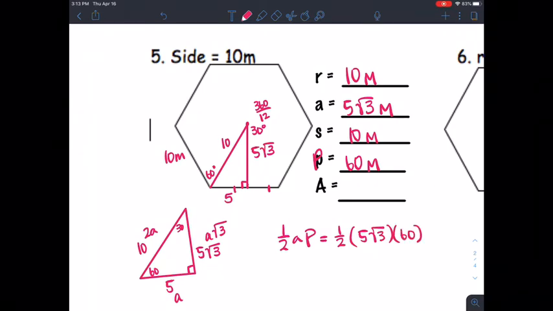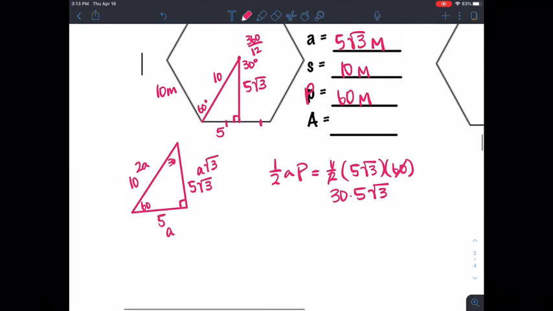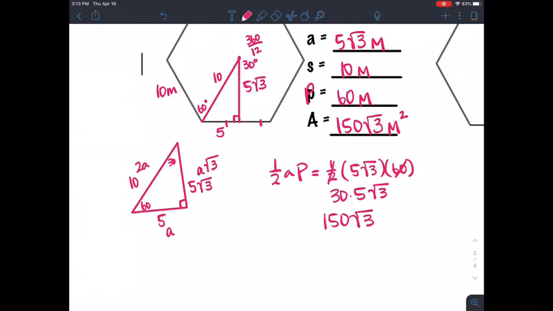I'm going to go ahead and do the half and the 60. So 30 times 5 square root 3. It does not matter which one of those you take a half of. Just make sure that you only take a half of one of them, not both. So I'm going to have 150 square root 3 meters squared.